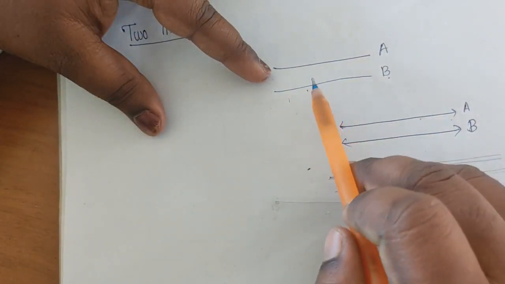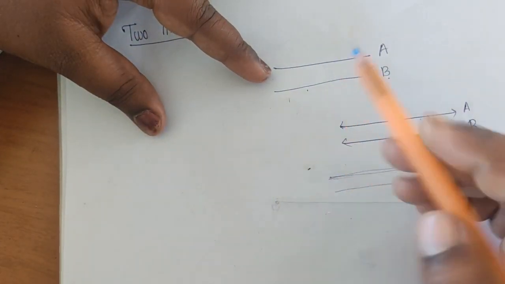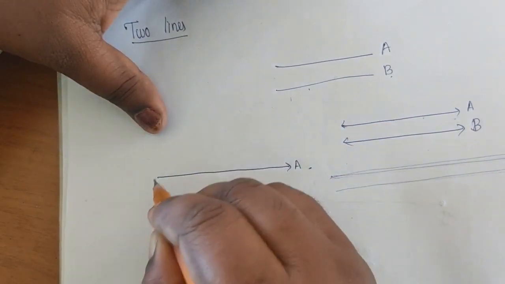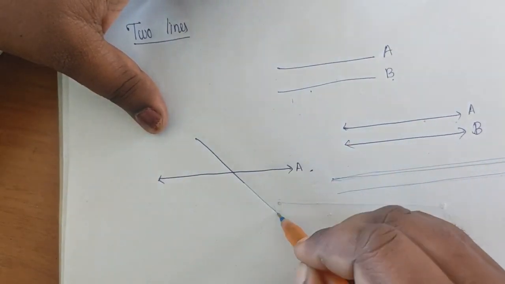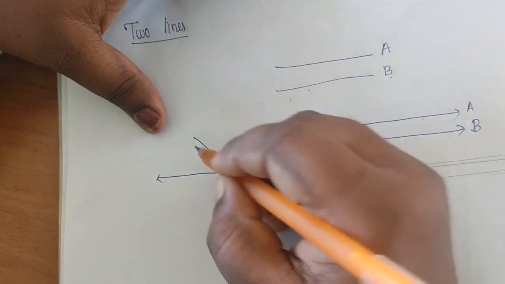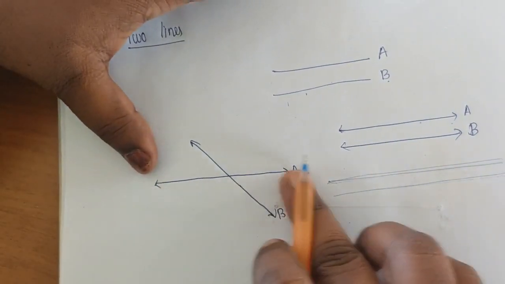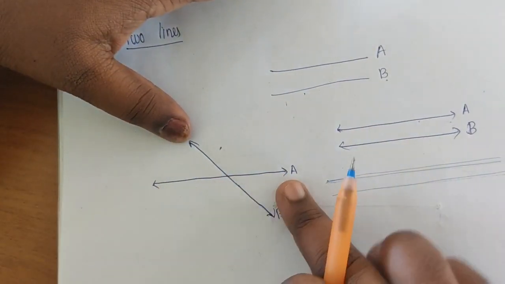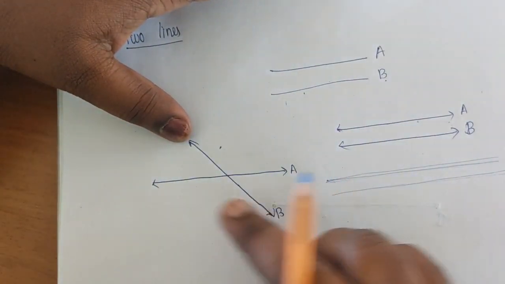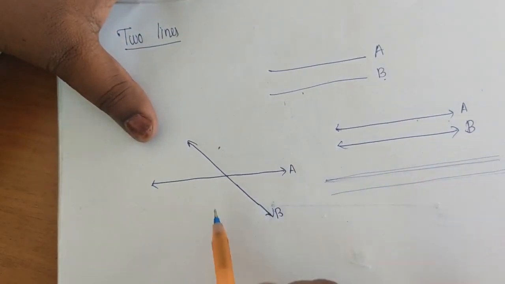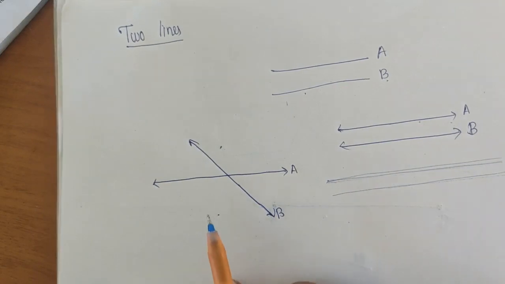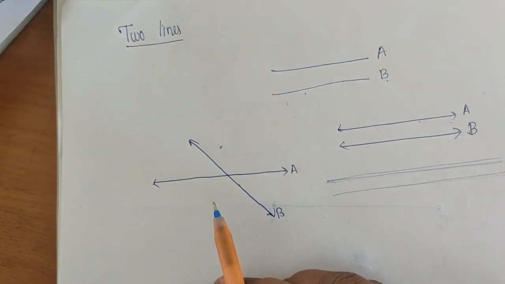First line is A, second line is B. So line B intersects A. So these lines are called intersecting lines.